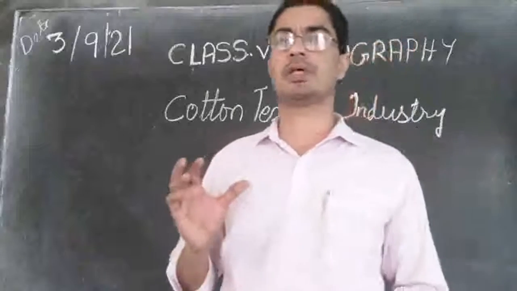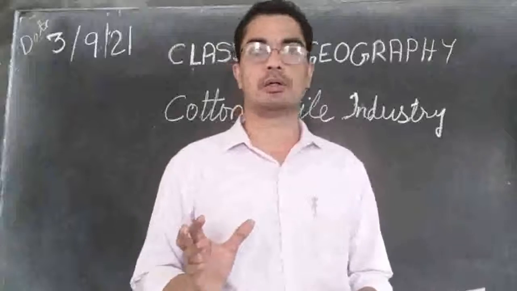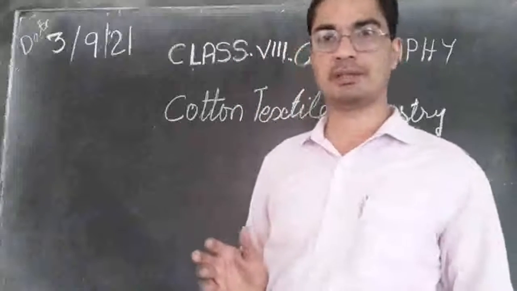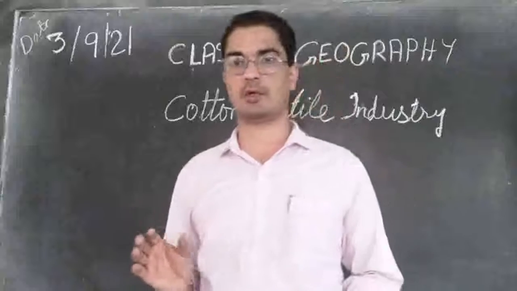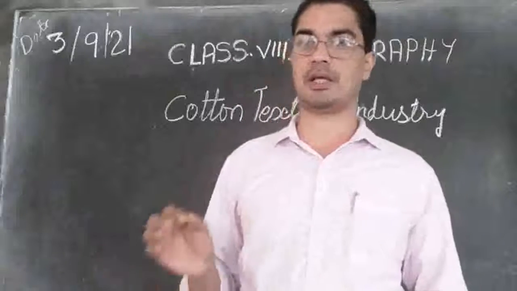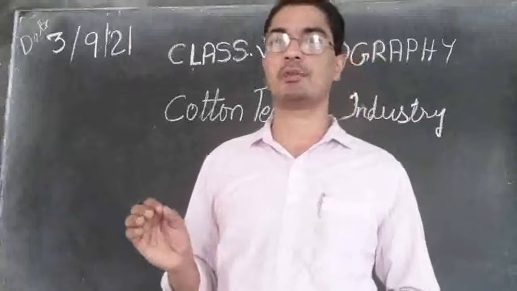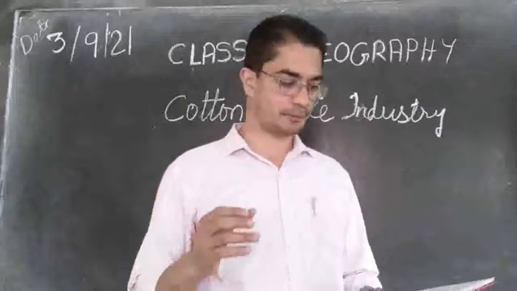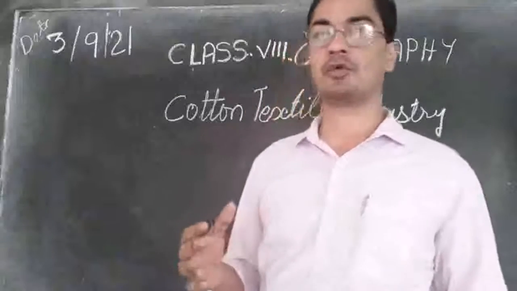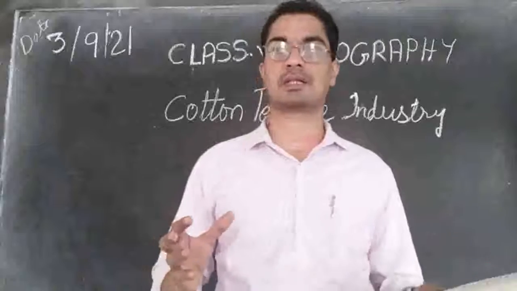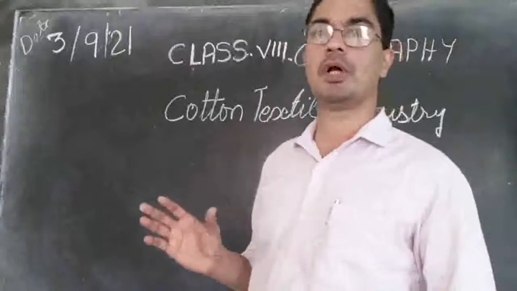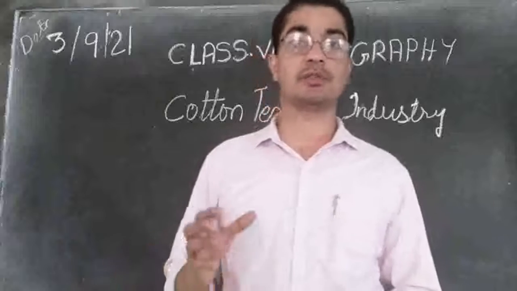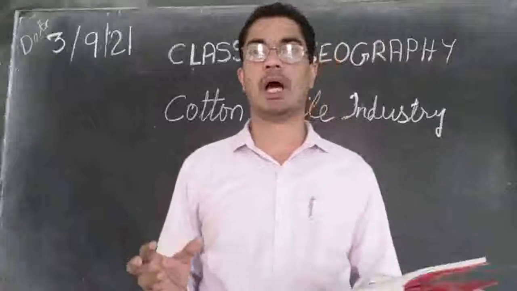Then apart from these natural raw materials, there are also artificial raw materials, or synthetic raw materials, which are made by human beings. Cotton, silk, jute, we are not creating, we are only cultivating them. But there are other types of raw materials which we are able to make artificially.